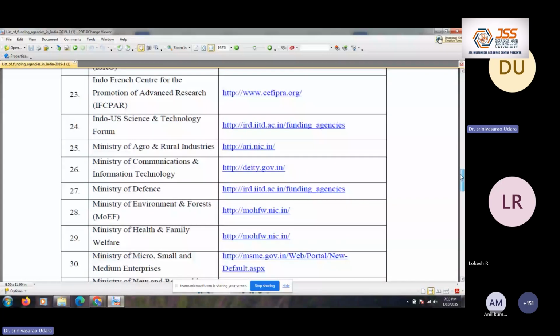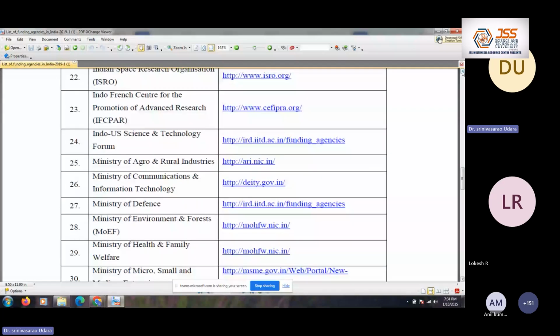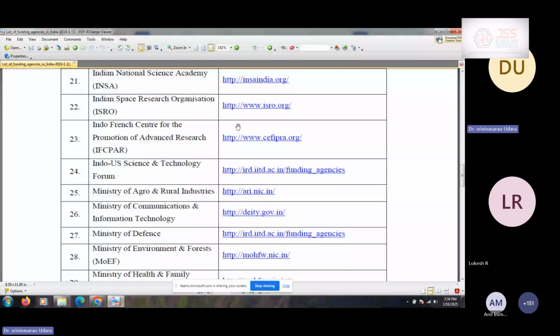That is the Department of Science and Technology. There is a lot of scope on nanomaterials to get the funding, and you go with novelty of the research proposal. And one more wing in DST is SCRB.